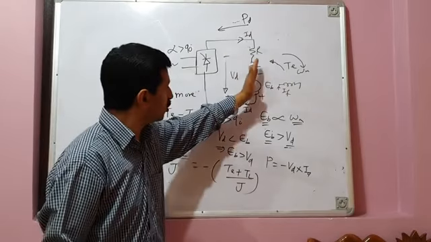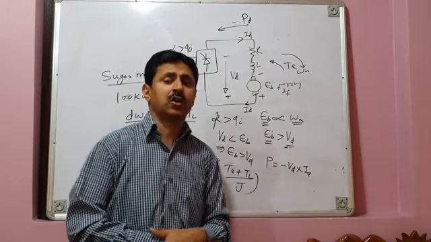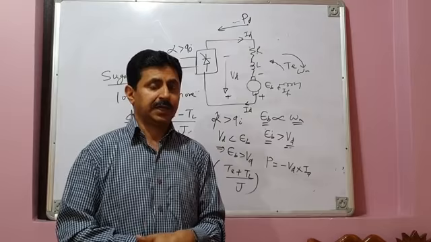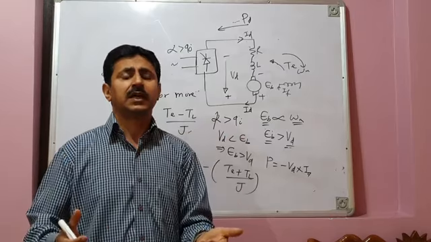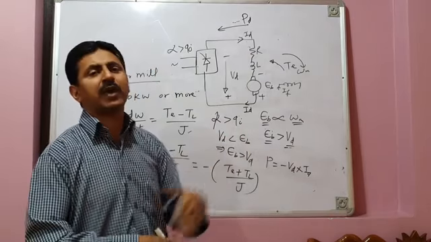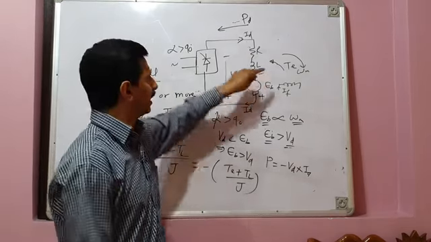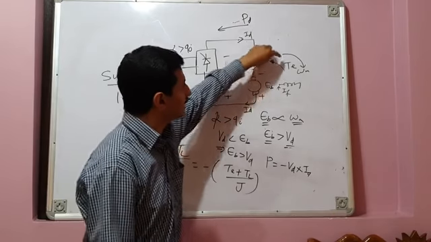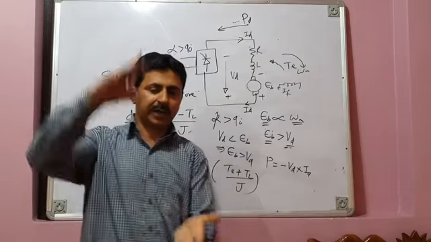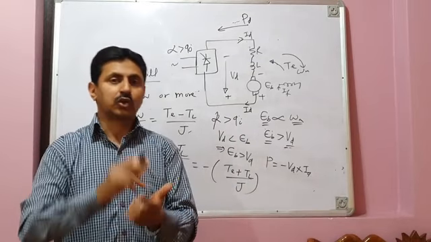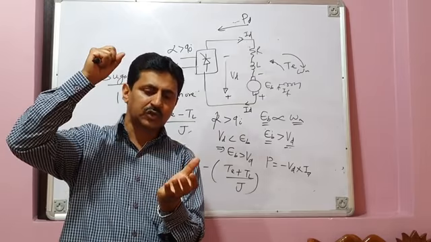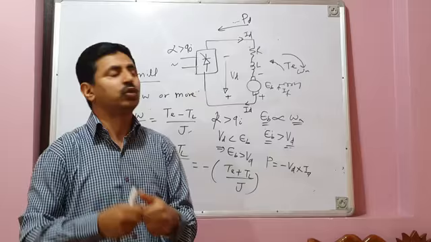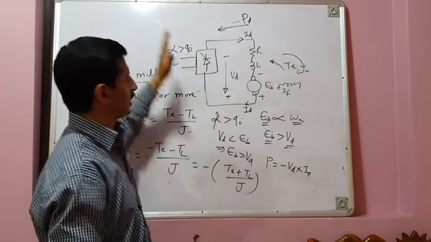And when energy flows from load to source, that means your machine is not operating as a motor. As a motor, it is consuming energy. Now it is operating as a generator, because as a generator, it is supplying energy back to the source. And as a generator, the direction of electromagnetic torque reverses and it acts as a braking torque and quickly stops the motor. So two advantages of regenerative braking are: number one, the motor comes to a stop very quickly, and number two, braking energy is not wasted, it is supplied back to the source.